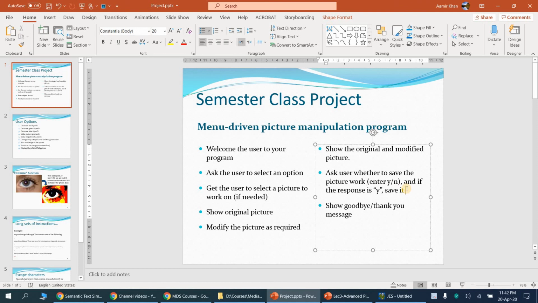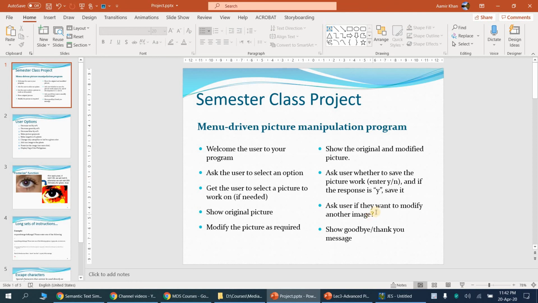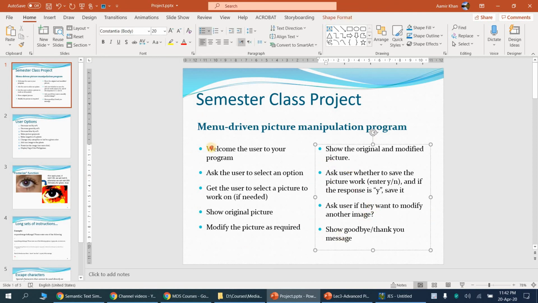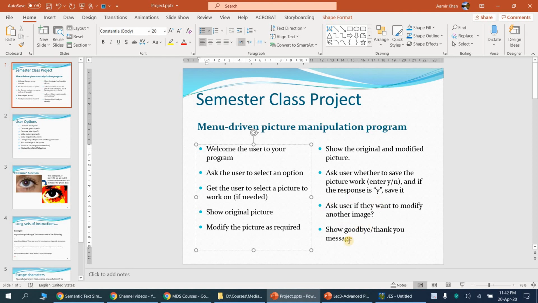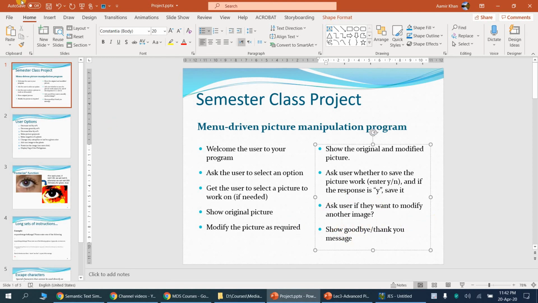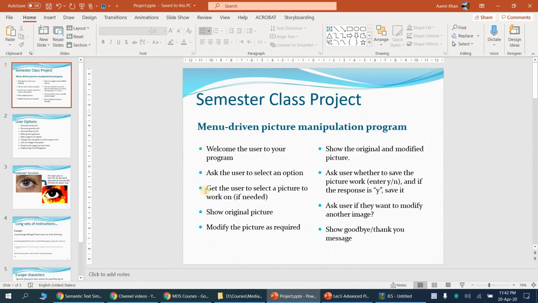Here I will put one more thing: you ask the user if they want to modify another image. If the user says they want to modify another image, start from the beginning. If no, then you will say goodbye and terminate the program. So this is the whole cycle which has to be done.